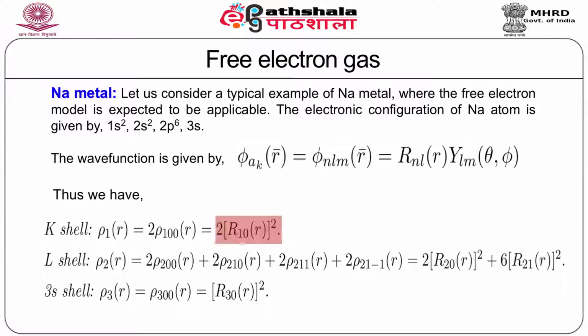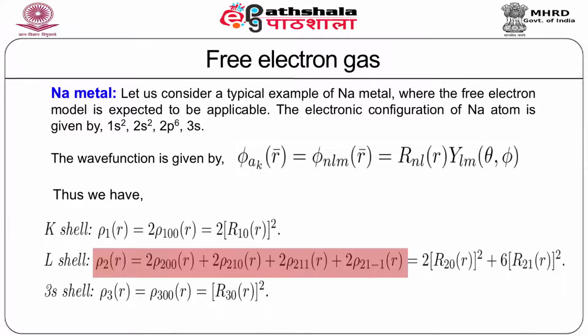So this will be 2 times R10 square. We then go to the next shell, which is the L shell. Then it is rho_2, and this consists of 2 times rho_200, which is basically l equal to 0, m equal to 0. That's the contribution from the s, and there are 2 electrons, so it's 2 times that. And then we have the contributions from rho_210, rho_211, and rho_21-1.